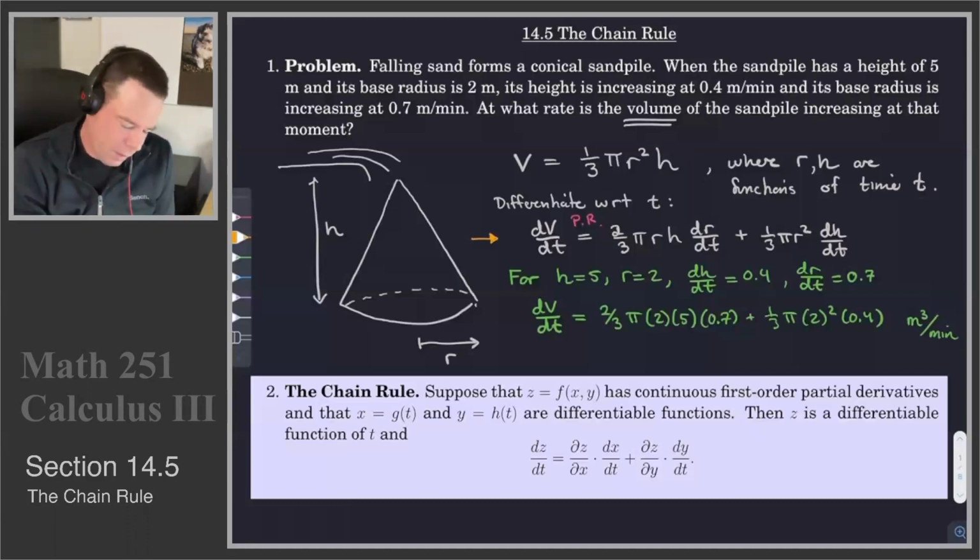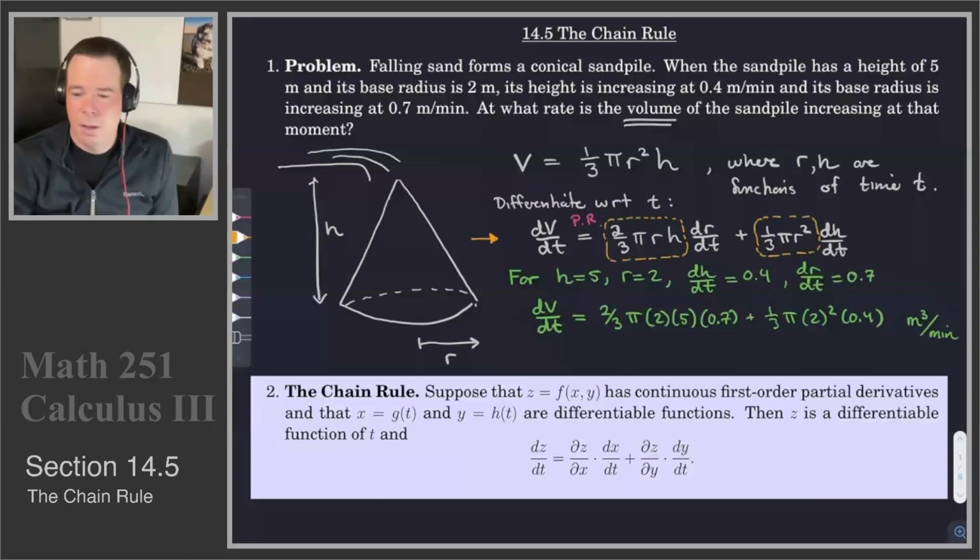So if I look back at this derivative line, what I see is that there was some expression in front of the dr dt and another expression in front of the dh dt. And those we got while we were doing derivatives, effectively doing that product rule.